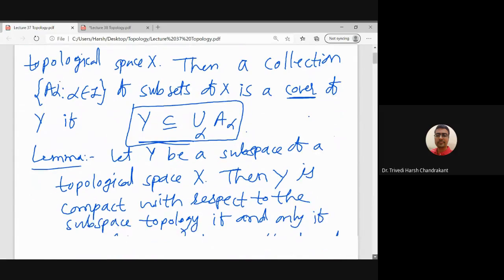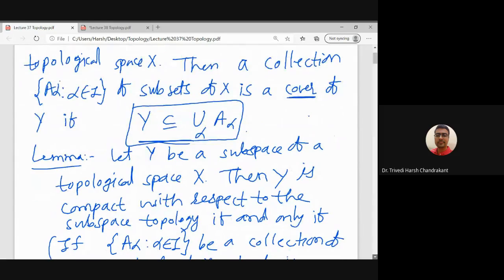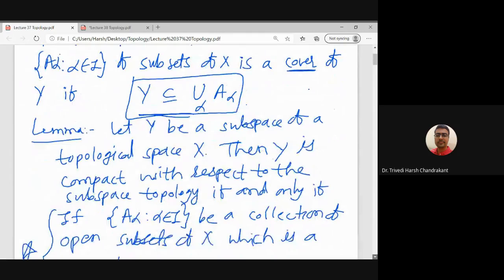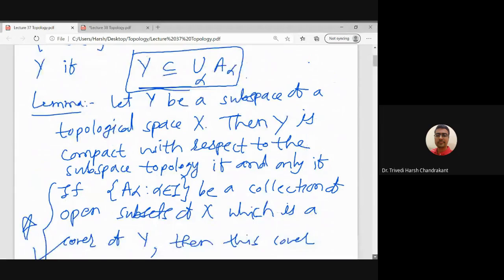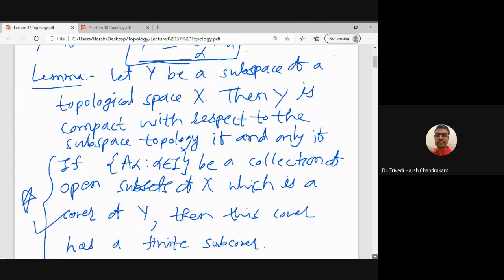This is the meaning of the open cover of the subspace, and for the open cover, this is the criterion: if Y is a subspace of a topological space X, then Y is compact with respect to the subspace topology if and only if we have a cover of Y by open subsets of X.